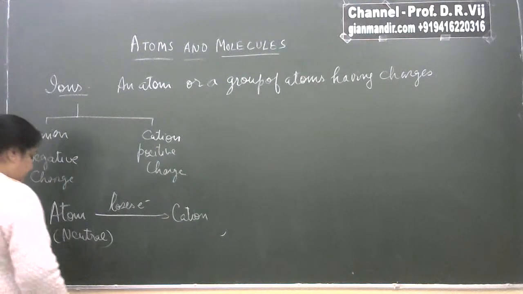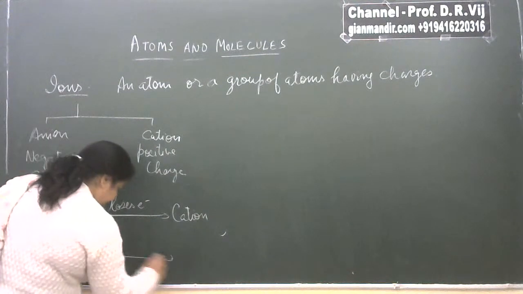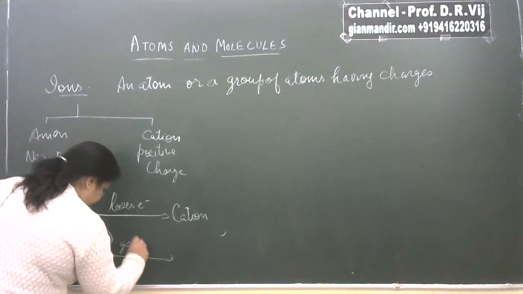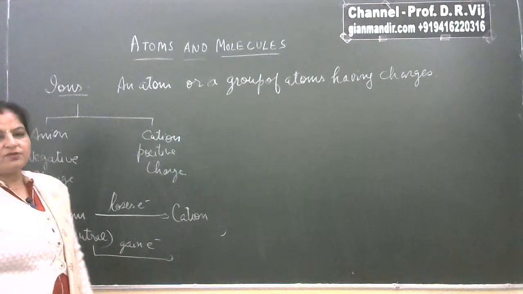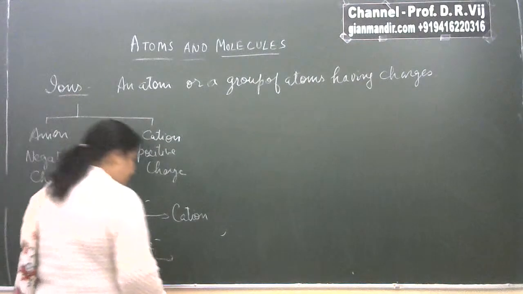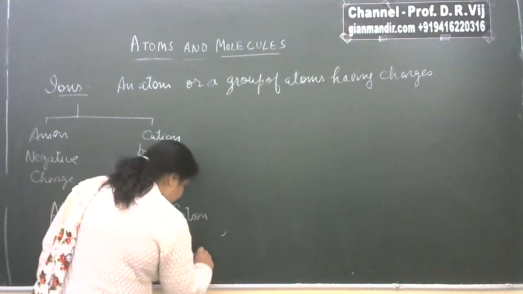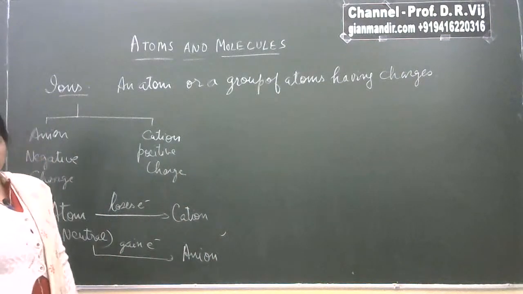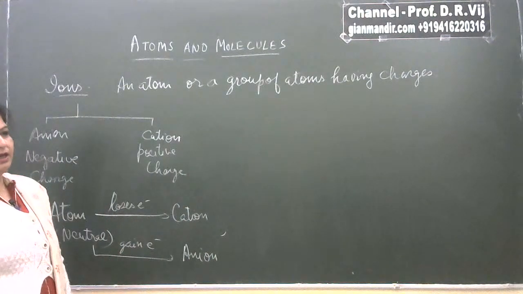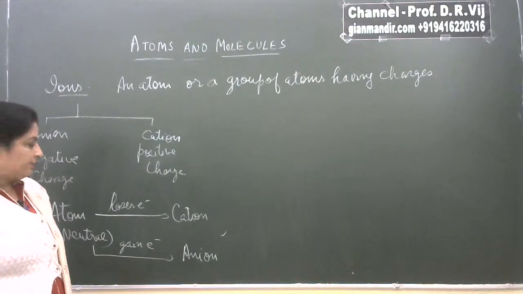On the other hand, if an atom gains an electron, it develops a negative charge and is converted to an anion. In this way you can get cation and anion.